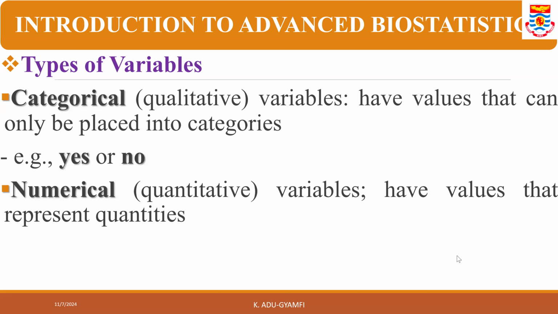Then the continuous talks about an infinite number of values within a given range. Examples are blood pressure, such as above 140/90 millimeters of mercury, weight, height, body mass index, and cholesterol.